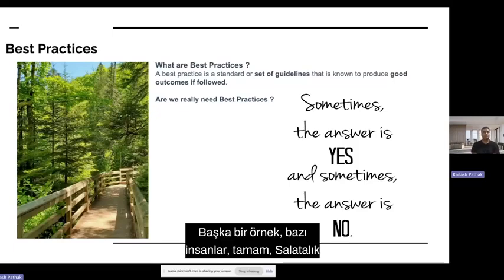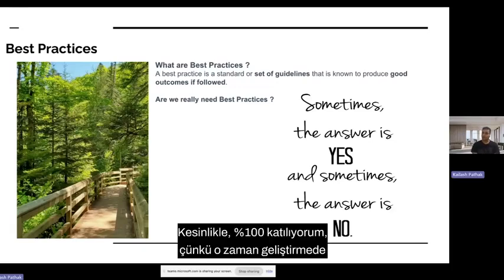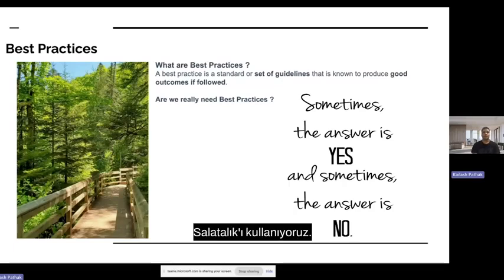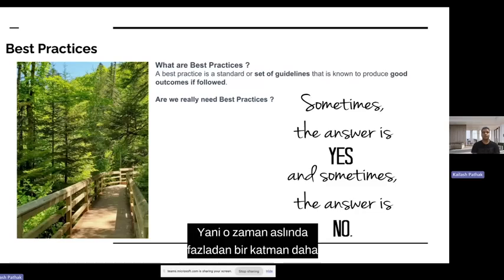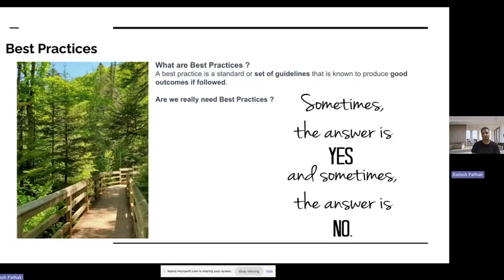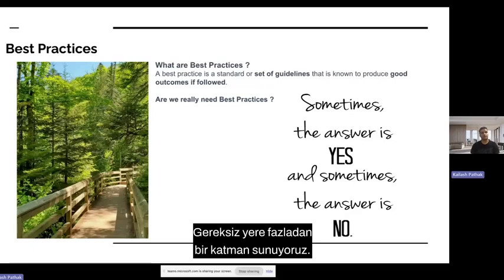Another example: some people say we do not need Cucumber, right? I agree 100%, because when we use Cucumber in development, we are introducing one extra layer. We have a feature file, a step definition, and then a page class. We are unnecessarily introducing an extra layer.